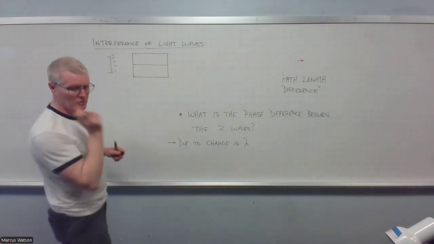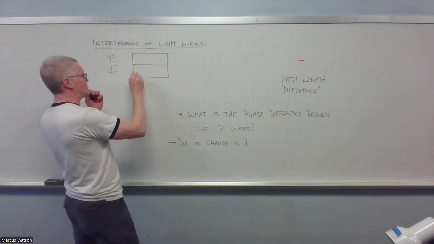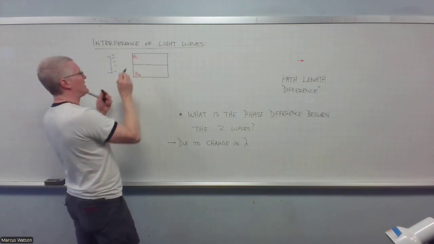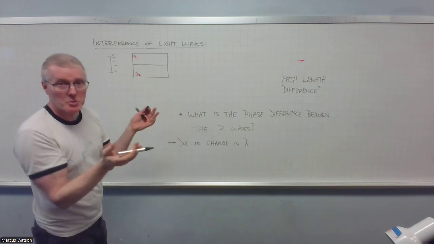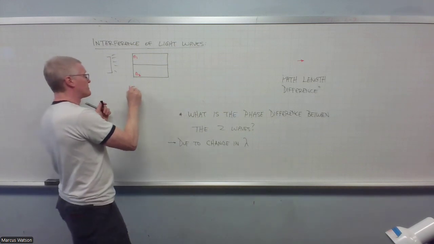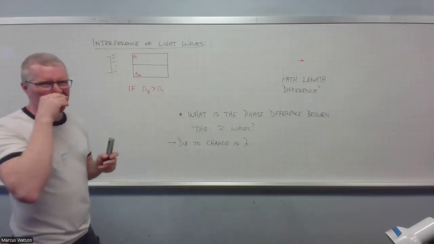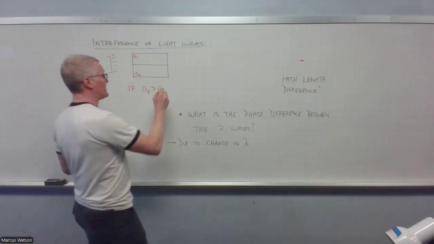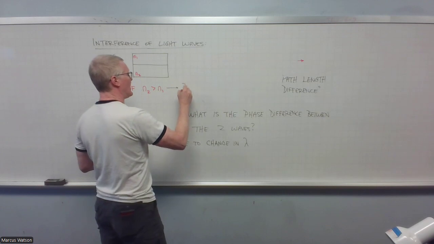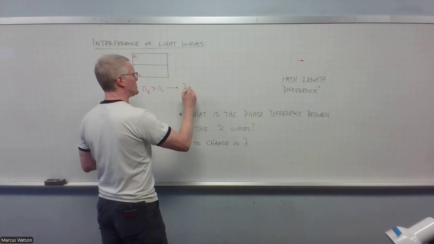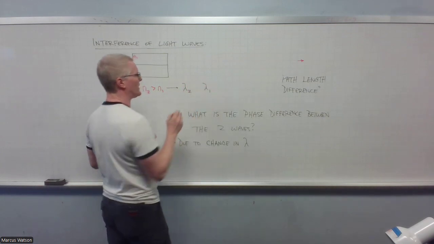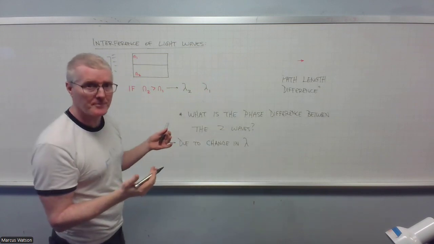Suppose that this one is N2, this one is N1, and let's suppose that N2 is greater than N1. Okay, what we're going to do then is look at wavelength number 2 compared to wavelength number 1 and ask, is it greater or smaller?